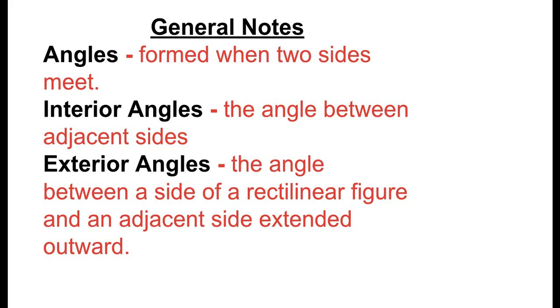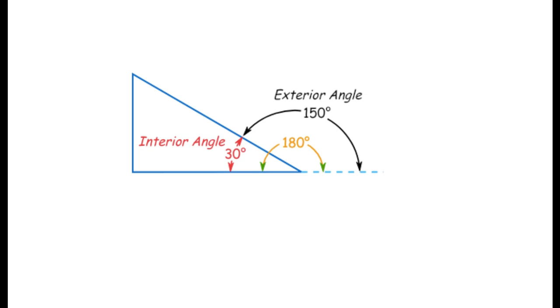Exterior angles are the angles between a side of a rectilinear figure and an adjacent side extended outward. And here in this right triangle, you can see that the exterior angles are 150 degrees and 180 degrees. And this is what we will be solving for today, exterior angles.